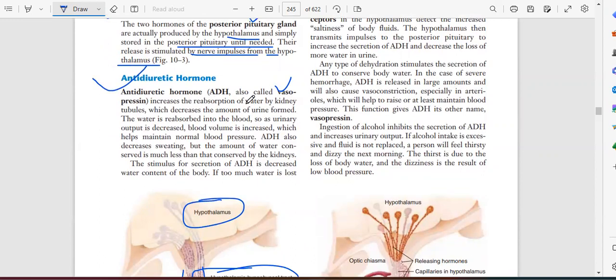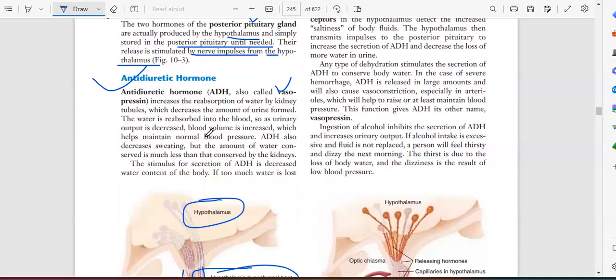Vasopressin increases the reabsorption of water by kidney tubules, which decreases the amount of urine formed. The water is reabsorbed into the blood, so as urinary output is decreased, blood volume is increased, which helps maintain normal blood pressure. Antidiuretic hormone means it releases a hormone which reabsorbs water from the kidneys.